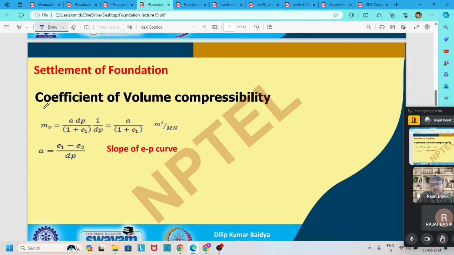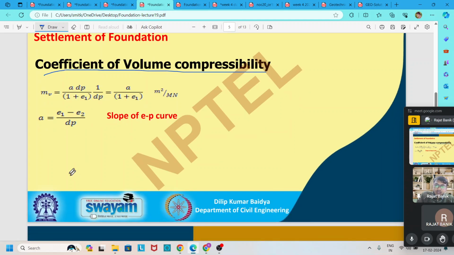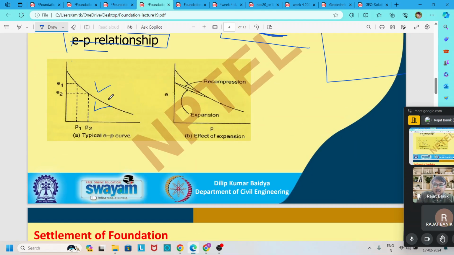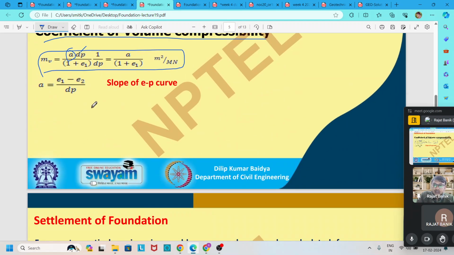And if we use it for the volume of the soil, then it is called the coefficient of volume compressibility, and by this formula we find it: mv equals a times dP divided by 1 plus e1, times 1 by dP, where dP is the change in pressure, and a is the slope of the e-p curve, the coefficient of compressibility.